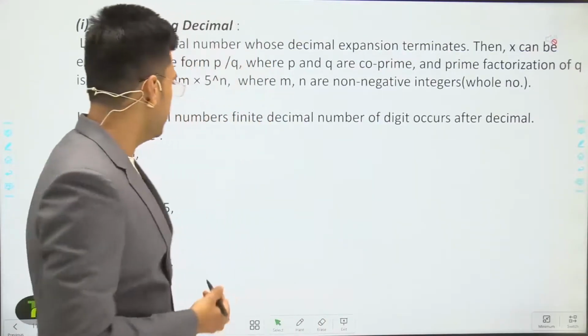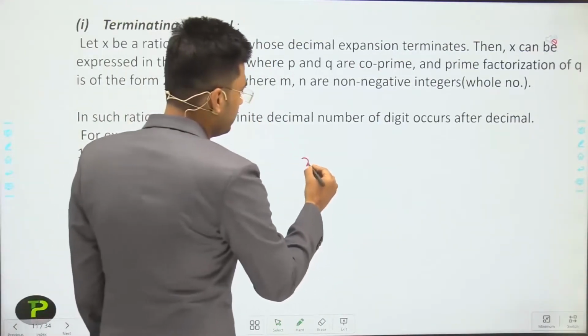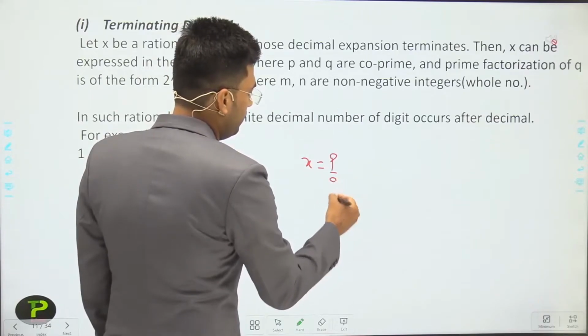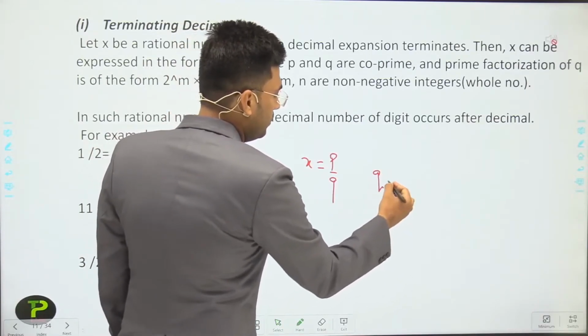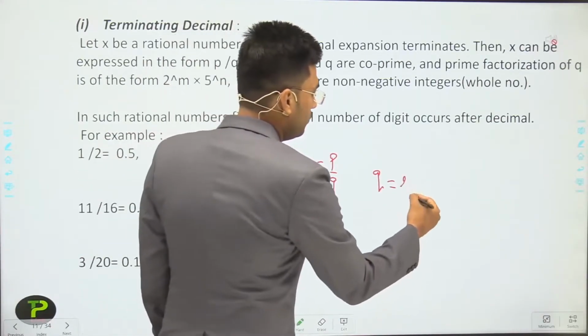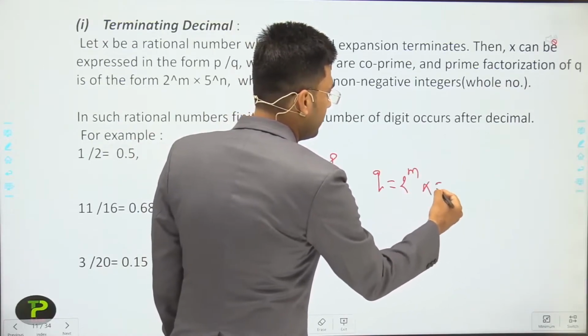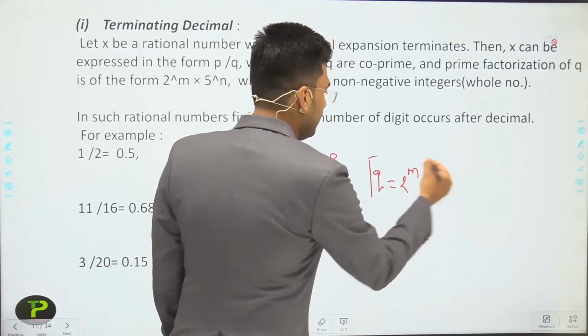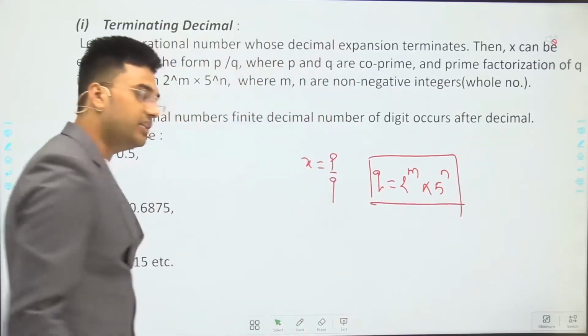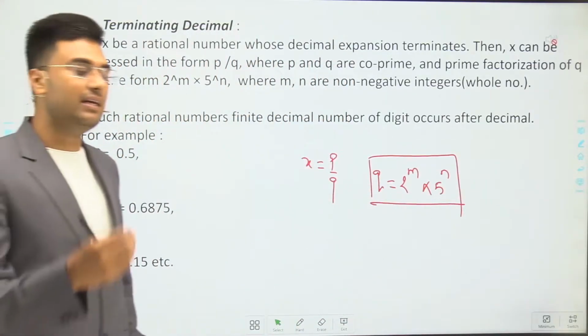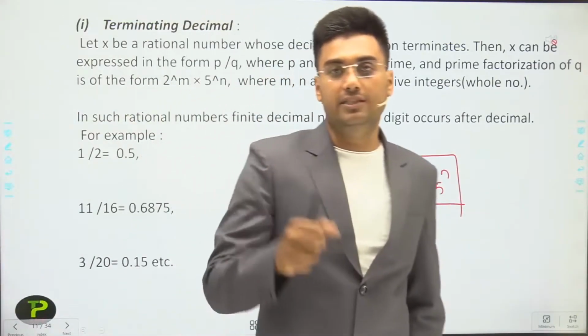What it means is, if we write x is equal to p by q and q is in the form of 2 power m multiplied by 5 power n, then these types of rational numbers terminate after some digits.